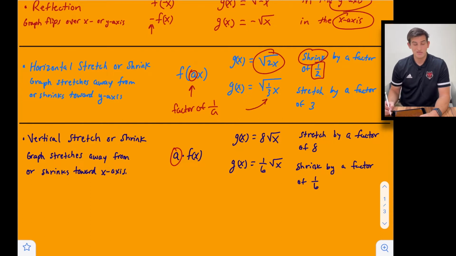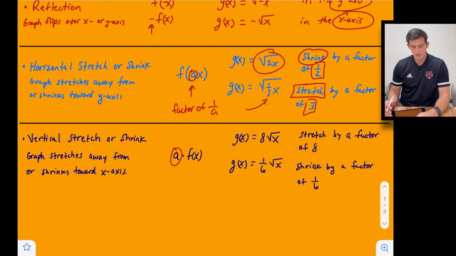Similarly, if I see 1/3 x, we might think, okay, small fraction, must be a shrink, but remember, horizontal is opposite of what it looks like, so it's 1 over 1/3, which actually becomes 3, and that makes it a stretch. So just like horizontal translations, be careful with horizontal stretches and shrinks. Now, vertical stretch and shrink, once again, just like a vertical translation, is what it looks like. It's nice and easy.